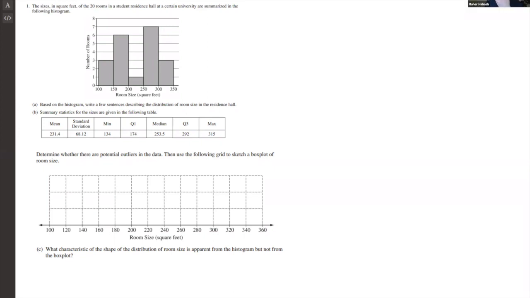Okay, anyone want to give that a shot? The distribution of room size. I do want you to be quite thorough and hit a few key points to get full credit.